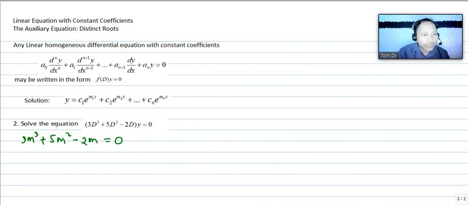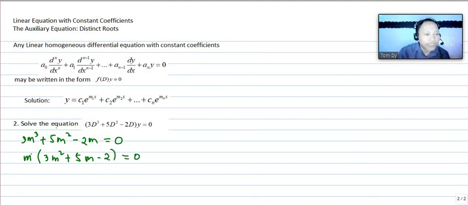Take note, you have here a common factor, which is m. So we will factor out that m. We have here m times 3m squared plus 5m minus 2, that is equivalent to 0.